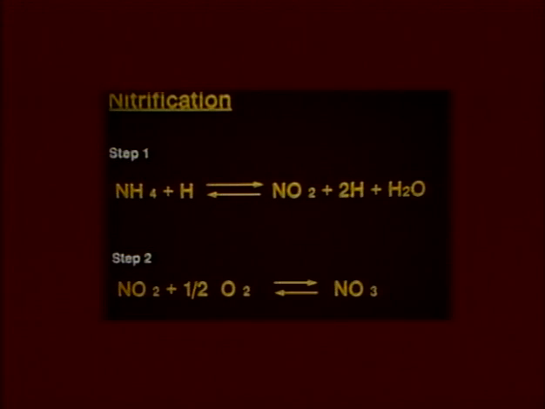Recall that nitrification results in ammonia being converted first to nitrite, then to nitrate. Also recall that two different bacteria are responsible for these steps. The bacteria Nitrosomonas, which converts ammonia to nitrite, is tolerant to wide fluctuations in temperature, whereas Nitrobacter, which converts nitrite to nitrate, grows best in warmer temperatures.